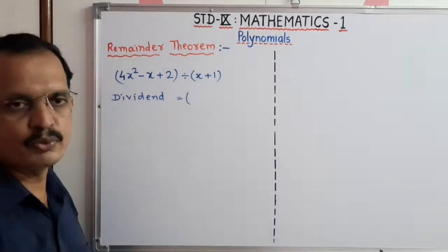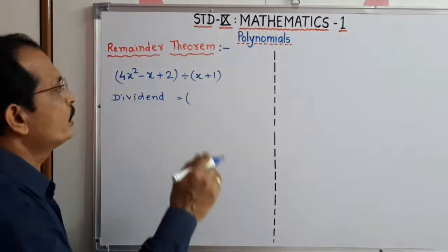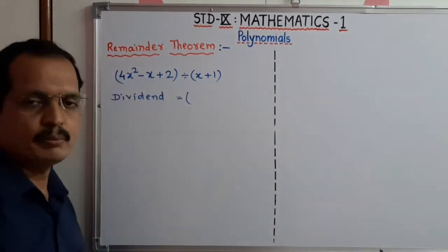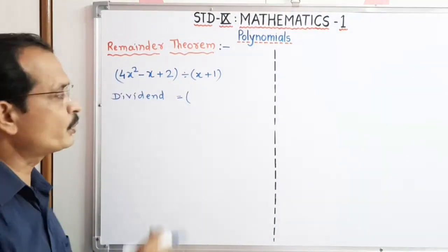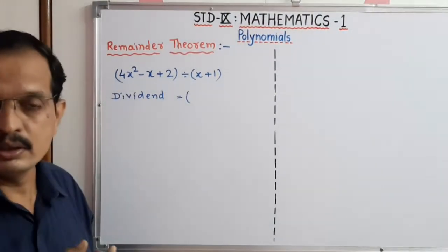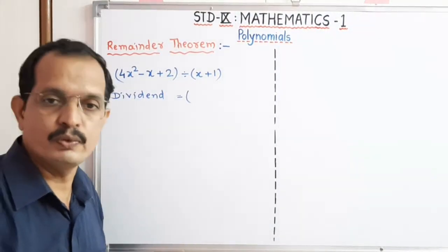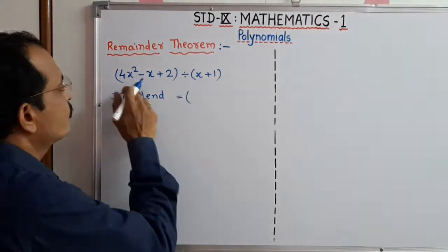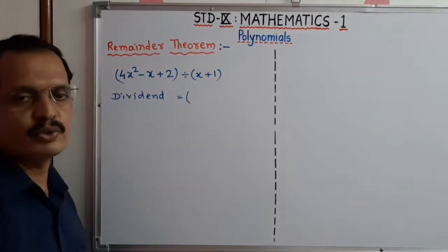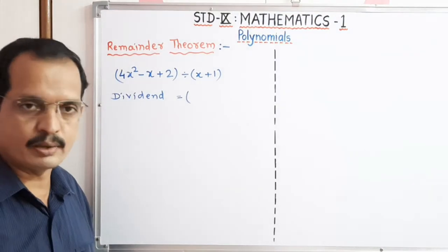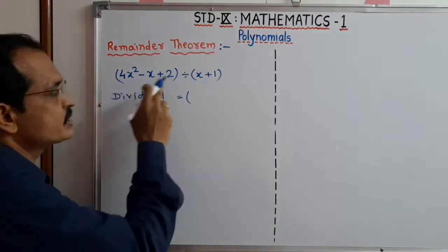Dear students, all of you know that while doing division by synthetic division, first of all we have to write the given dividend in coefficient form. Before writing coefficient form we have to write it in standard form, but already it is in standard form.